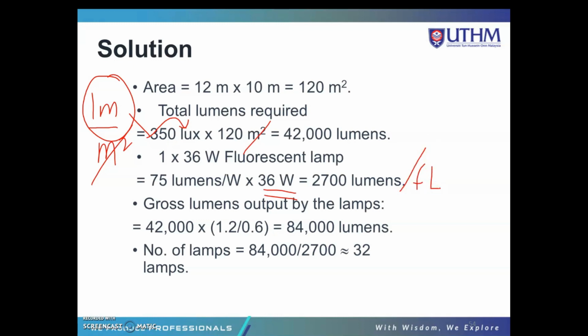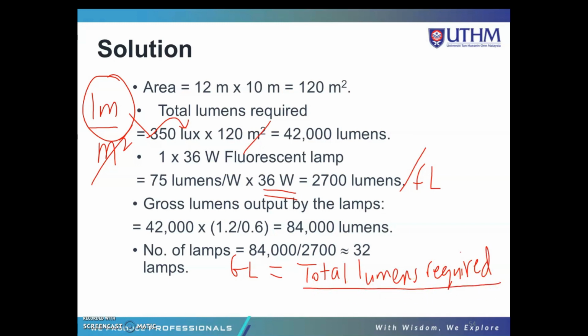And then we have to calculate the gross lumens output by the lamps. Gross lumens is equivalent to total lumens required, divided by the UF, utilization factor, and multiplied by DF, the depreciation factor.